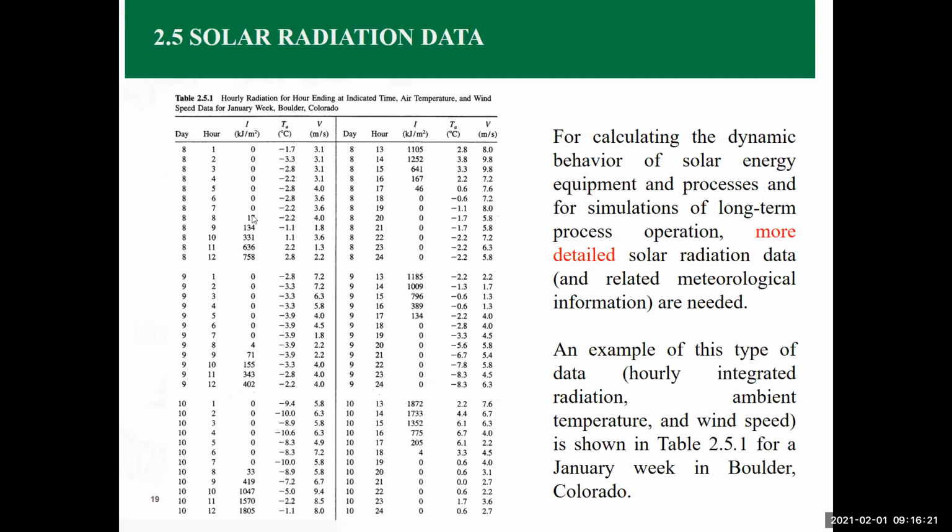The value of 17 is not instantaneous at 8, but is an integrated radiation from 7:30 to 8:30. And for 2 o'clock in the afternoon, 14, the 1252 is not exactly at 2 o'clock, but is an integrated solar energy between 1:30 and 2:30, and it is given at the middle, which is exactly 2 o'clock. That's the way it is given here.